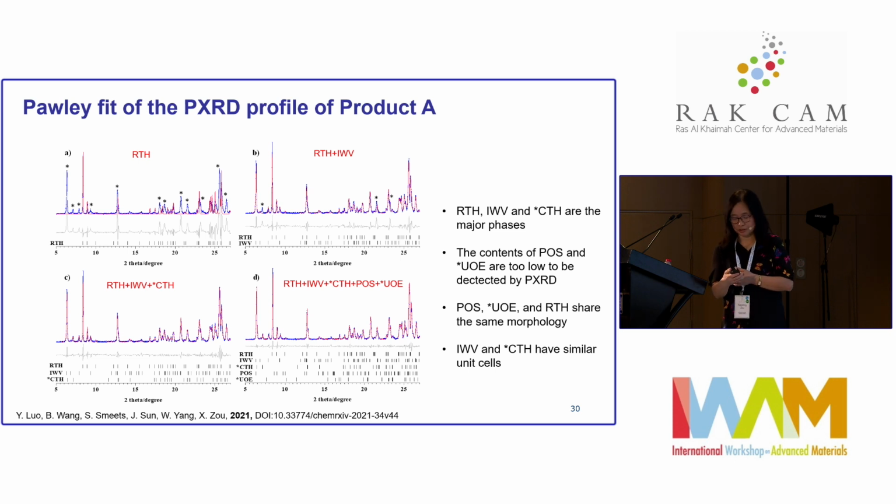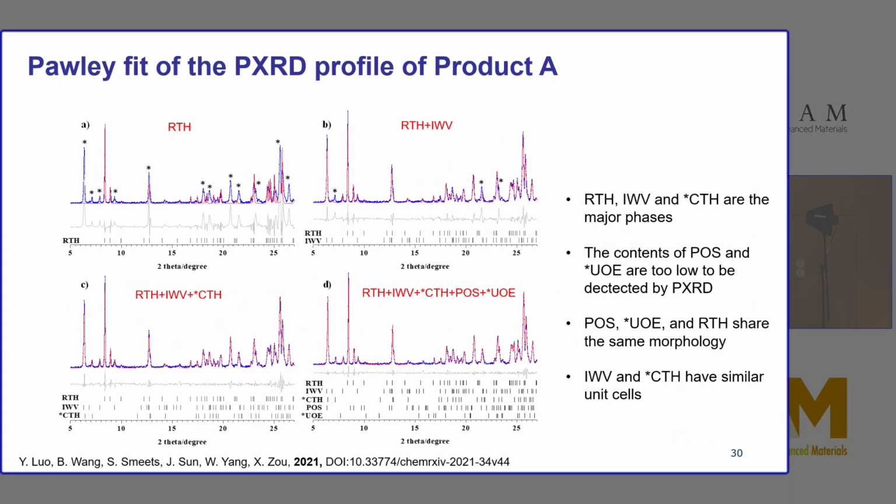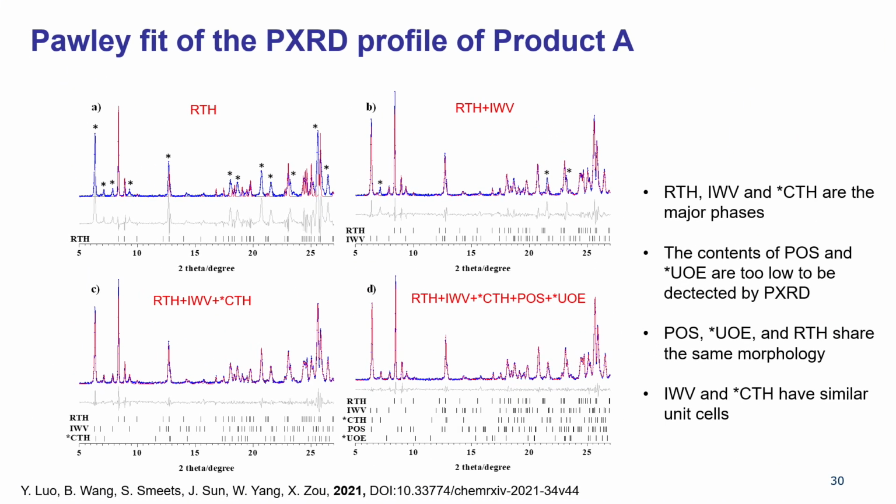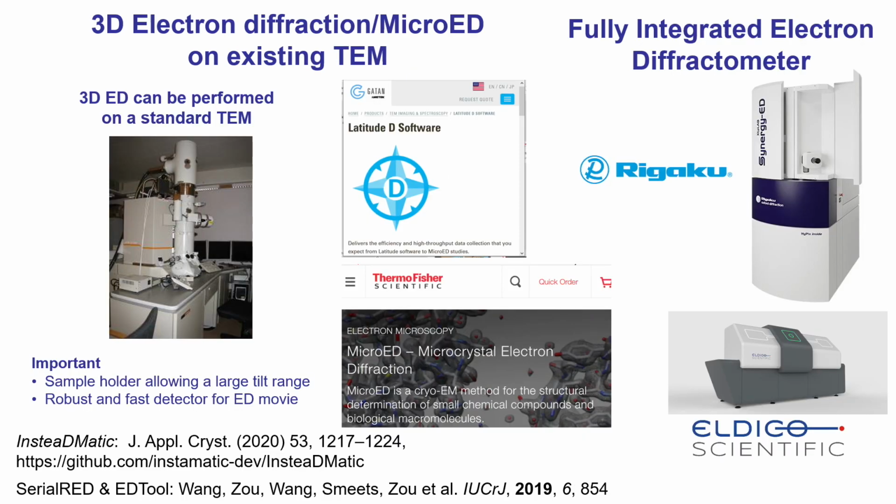And some of the structures, as you see here, you can't really find easily. The last 2 have the same morphology, difficult to distinguish from SEM. And these 2 structures even have very similar unit cells, so it's very difficult. You can see that just very few peaks are different.